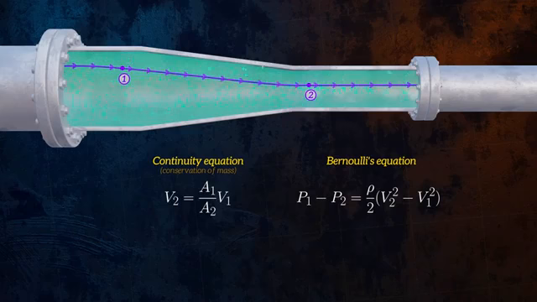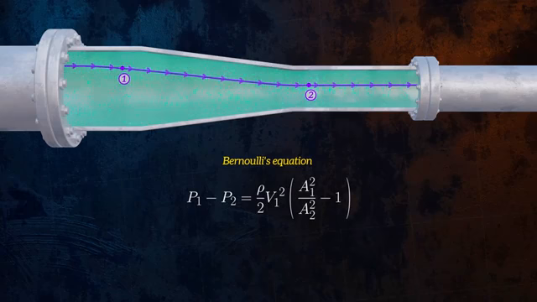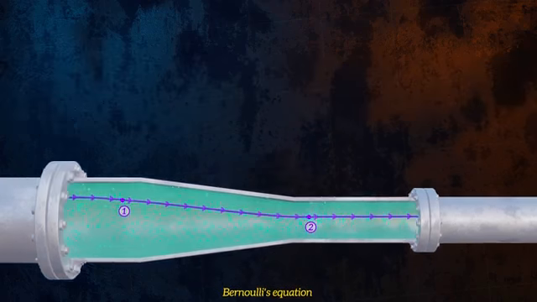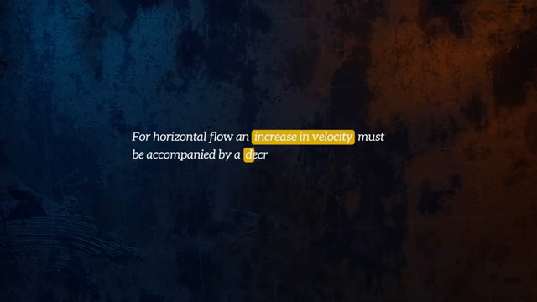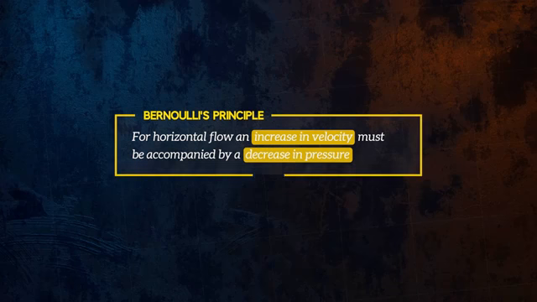This is quite intuitive. By substituting this equation for V2 into Bernoulli's equation, we can see that since the velocity increases between points 1 and 2, the pressure between both points must decrease. This concept that for horizontal flow an increase in fluid velocity must be accompanied by a decrease in pressure is one way of formulating what we call Bernoulli's Principle.